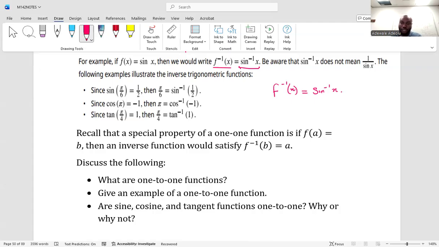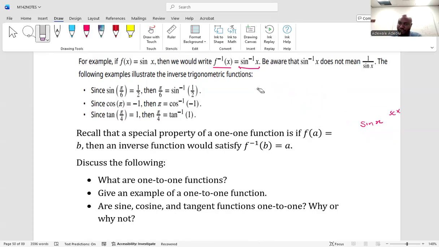Please, when we have this situation, it is not the same as when we have this. Please do not take the two to mean the same thing. This is a reciprocal function, which is in itself the cosecant of that angle. And this is how we write inverse of sine function.